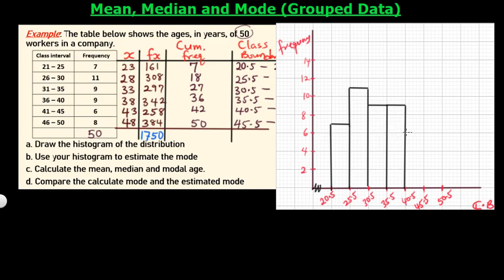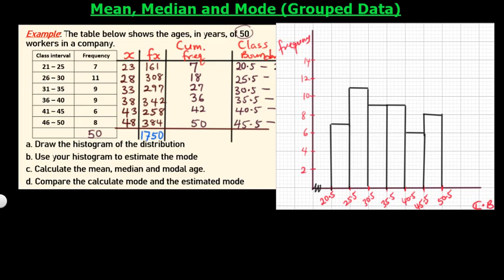The next is 6 here. And lastly, 8. So this is how we prepare a histogram. Remember, a histogram is used to represent data when we are dealing with group data. It's a graph for group data.